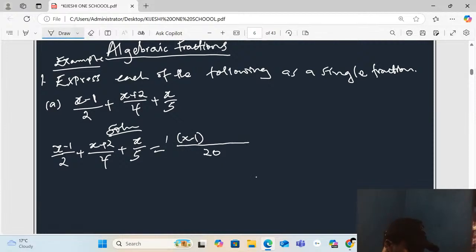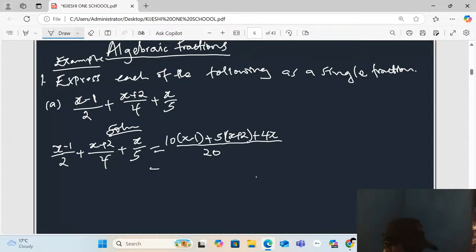So I shall have 10 into x minus 1. Then we are adding, then 4 into 20, we are having 5 times. So 5 into x plus 2. Then plus 5 into 20, that is 4 times. So we're going to have 4 times x, that is 4x.